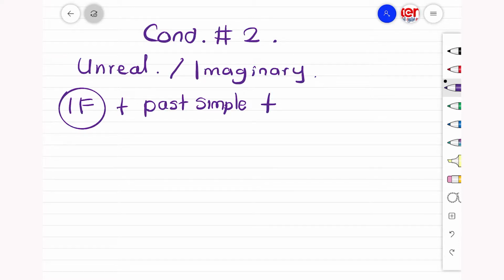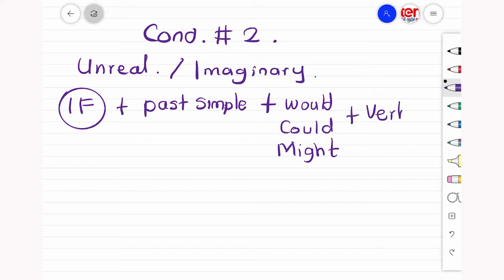And in the other part, the consequence, I will use would, could, or might, then the verb. This is the base form. Es decir, que no le hago ningún cambio aquí al verbo.